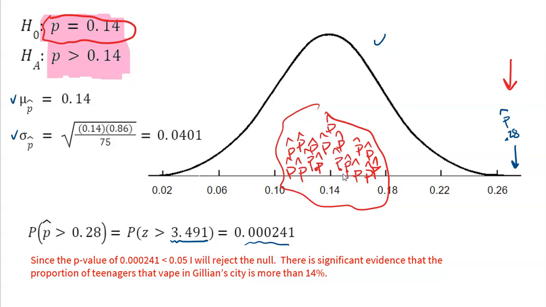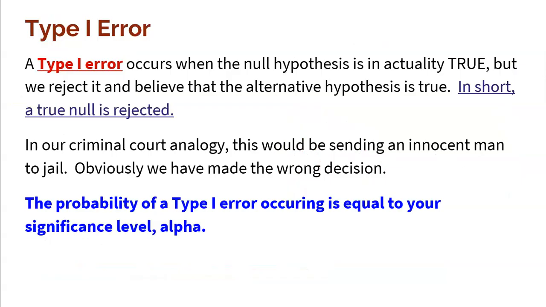Well, this would mean that the result of her original sample was an error. This brings up what we call type 1 error. A type 1 error occurs when the null hypothesis is in actuality true, but we reject it and believe that the alternative hypothesis is true based on a sample proportion.